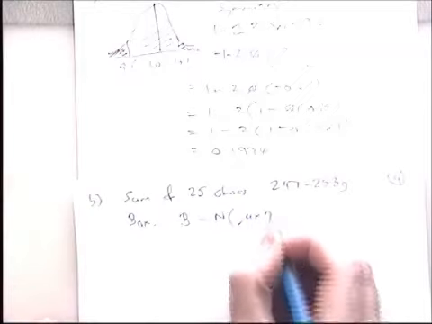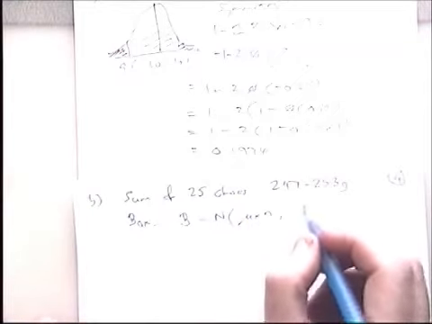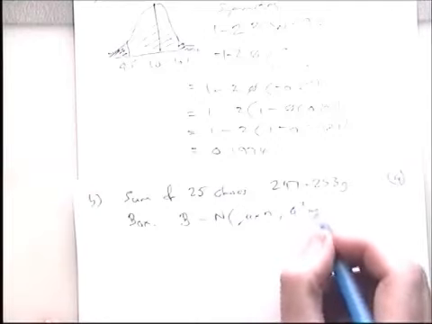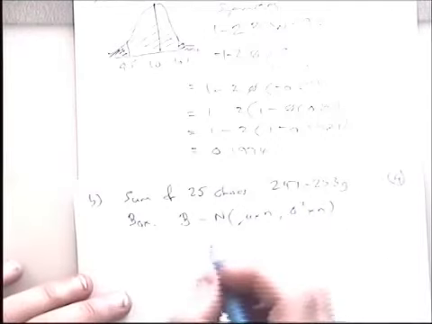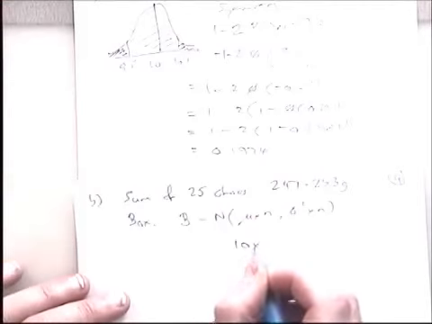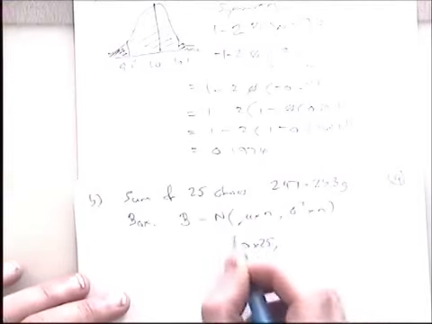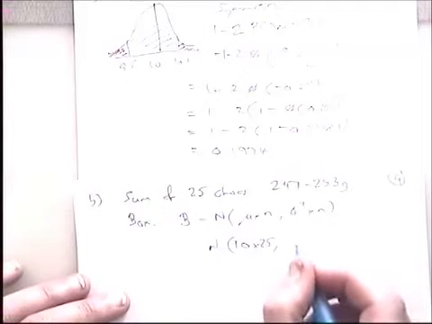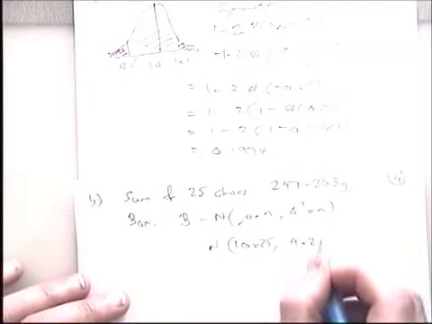Mu times n for the mean, and sigma squared times n for the variance. So mu of each chocolate is 10, and there are 25 in the box. The variance was 4, and there are 25 in the box.